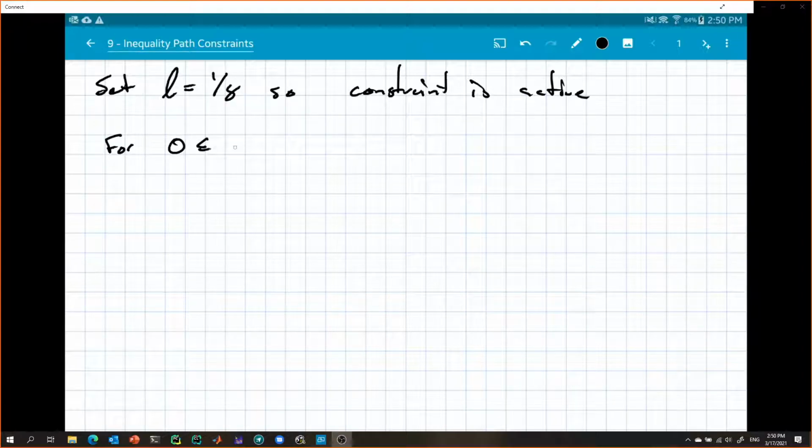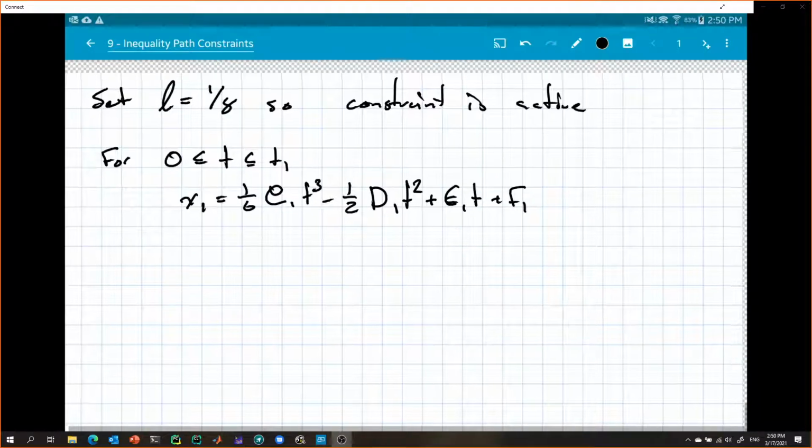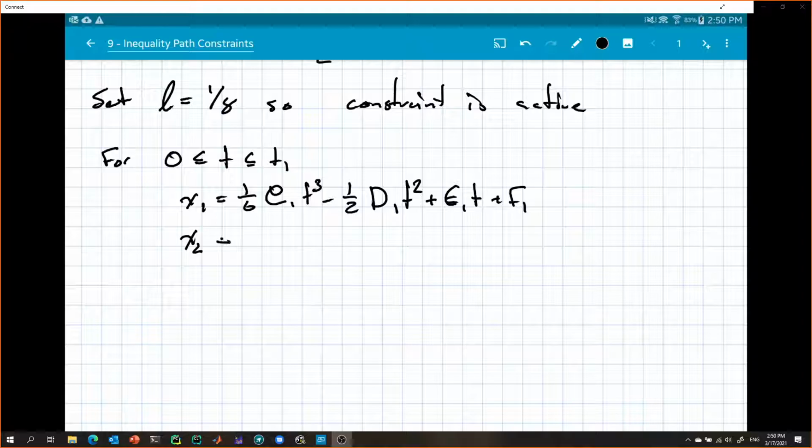So for time between 0 and T1, by doing the same math as before, you have x1 is equal to these constants. And I noted the constants with a 1 because this only applies on this arc. And e1 t plus f1, and likewise x2 is equal to what we had before.